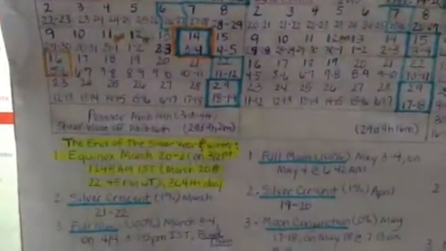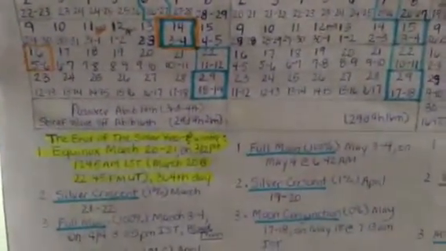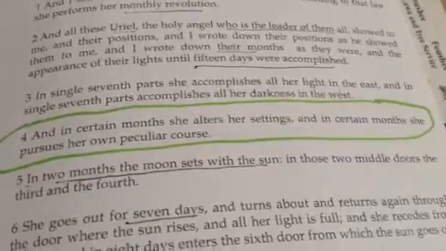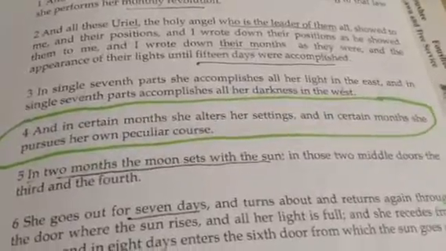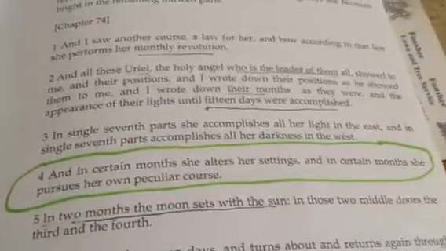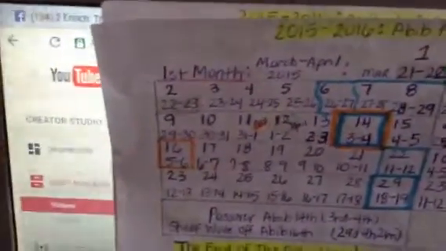Because Enoch even says, and this is in chapter 74, verse 4, it says, "And in certain months she alters her settings, and in certain months she pursues her own particular course." And in this particular chapter, he's talking about the moon here. So the moon followed its own particular course. Okay, so this is why we have a variation between the sun and the moon.